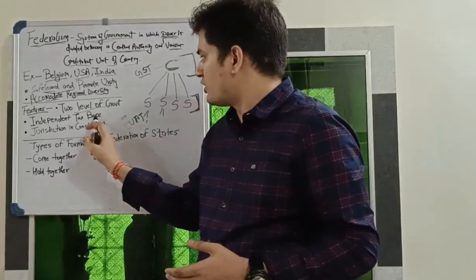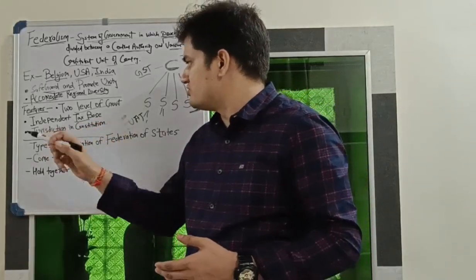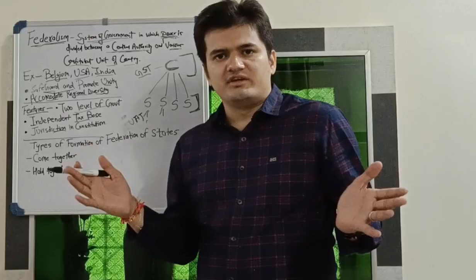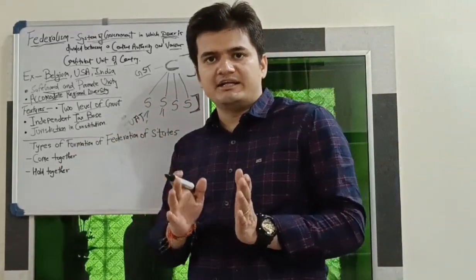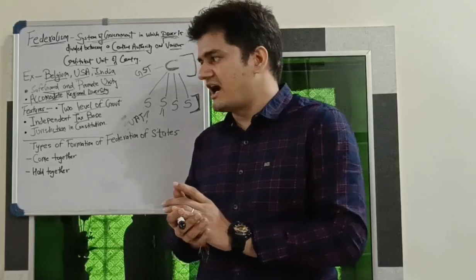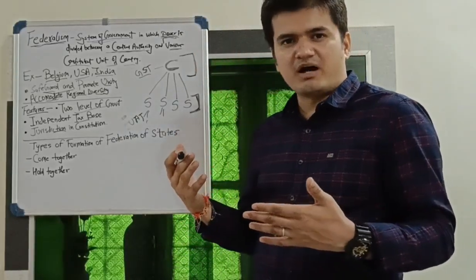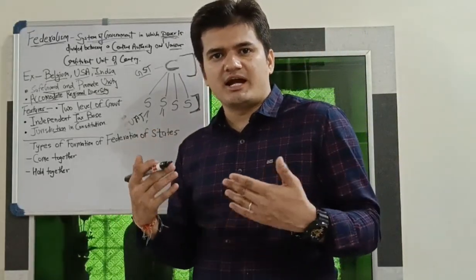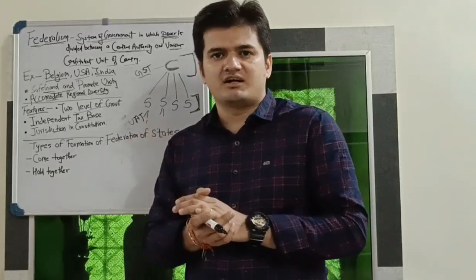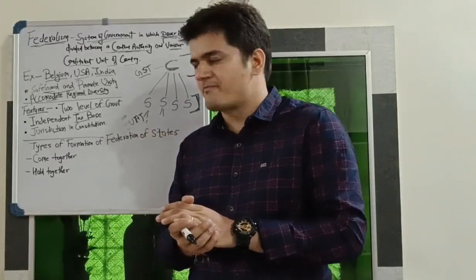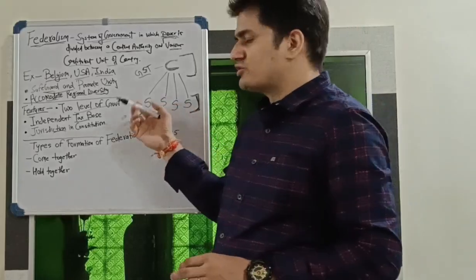And another feature of federalism is that the jurisdiction of the respective levels of government is mentioned in the constitution. So the power to execute any law and to formulate any law, all these powers are mentioned in the constitution. So these are some of the features of federalism.